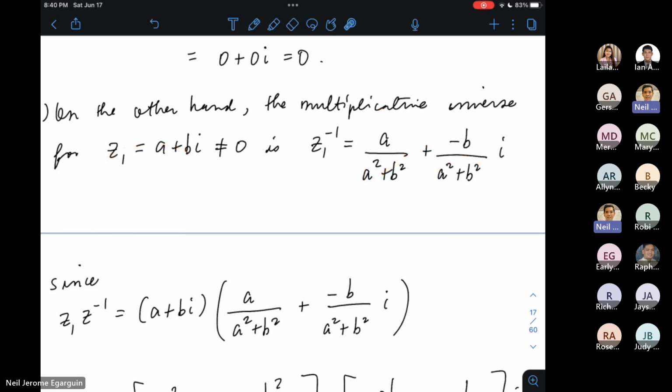But that is fine, because we don't need 0 to have a multiplicative inverse. So this can be our guessed formula, since 0 plus 0i doesn't need to satisfy it.